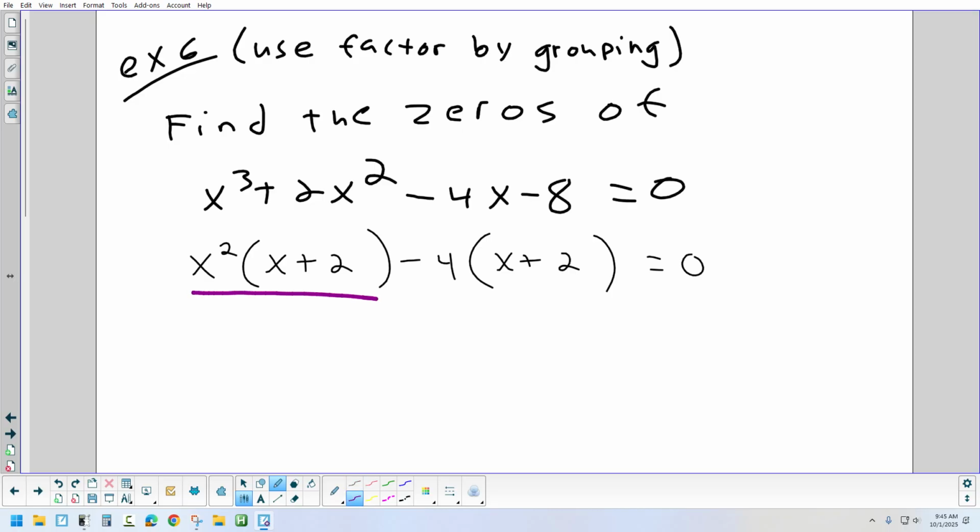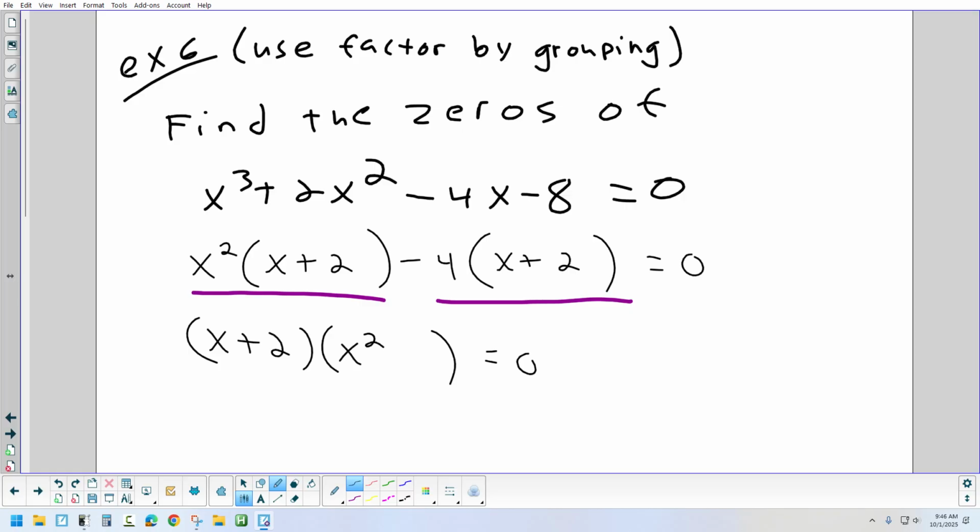So now, what do that and that both have in common as a factor? X plus 2. So now we're going to factor that out. If you factor out the x plus 2 from the first term, what's left? X squared.